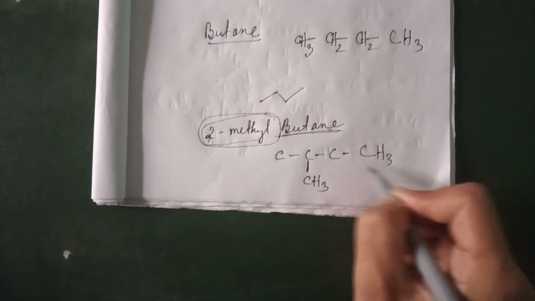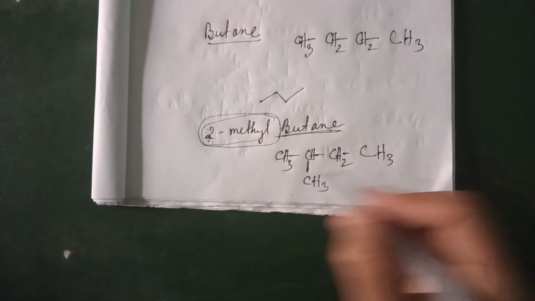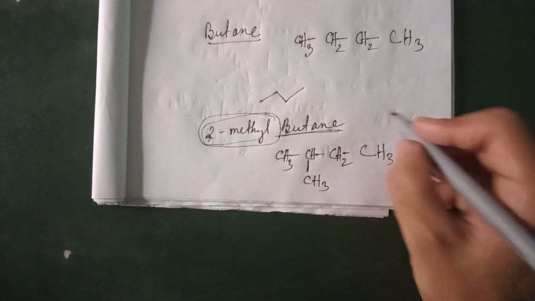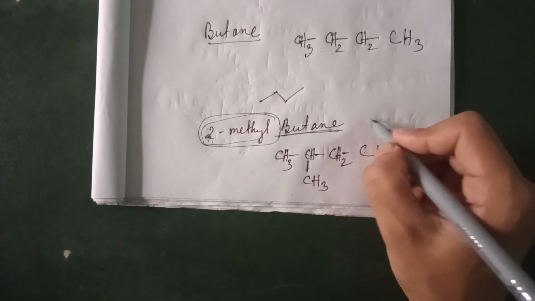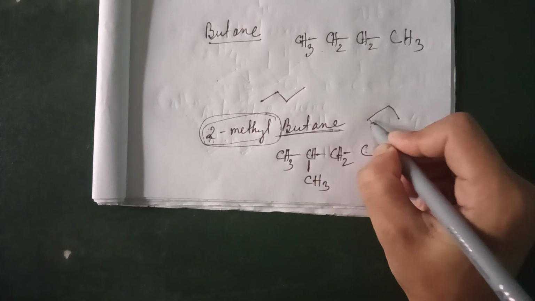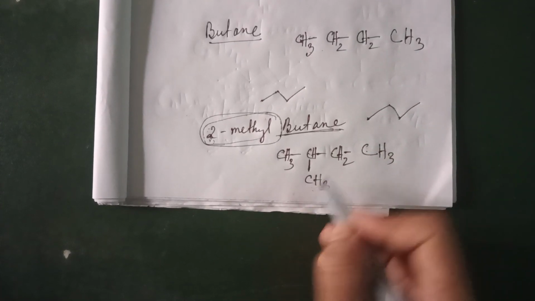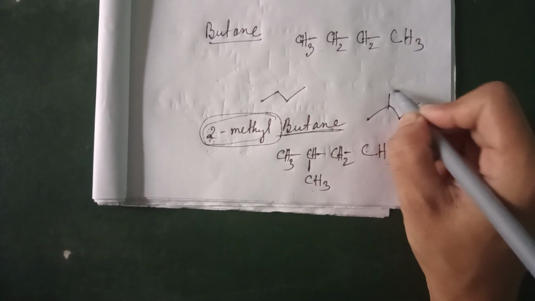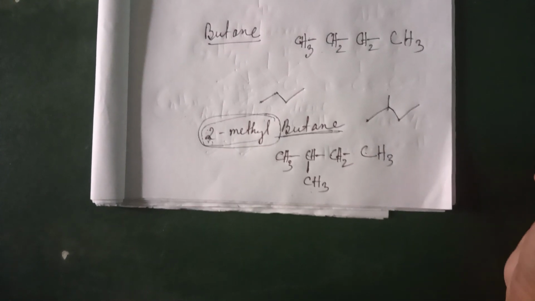Balance the carbons. How to write the bond line structure? Count 1, 2, 3, 4. Done. In which position is your methyl group? In the second position, 1, 2. So this is your bond line structure. These are easy.